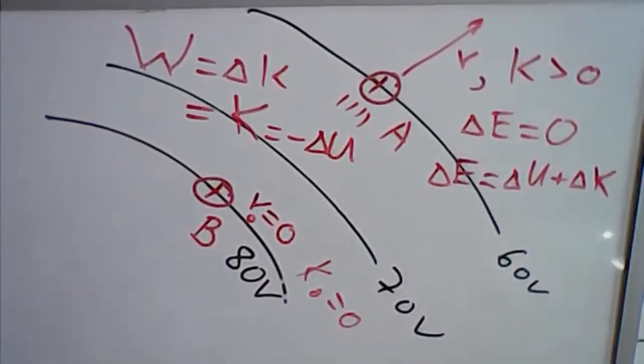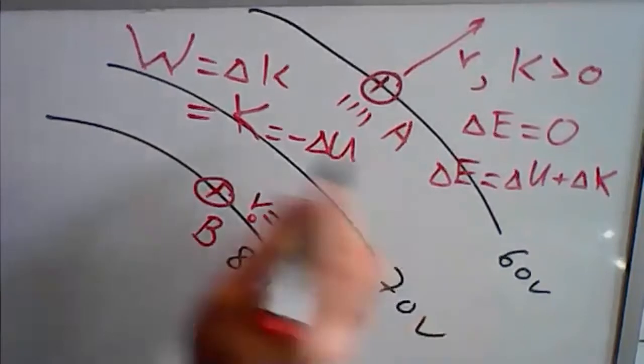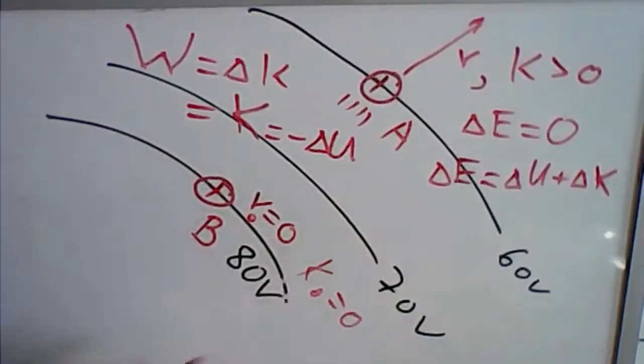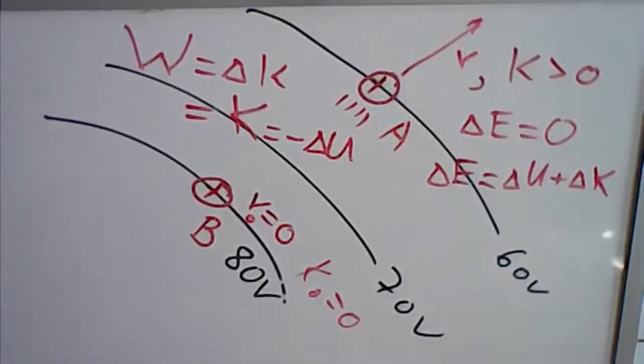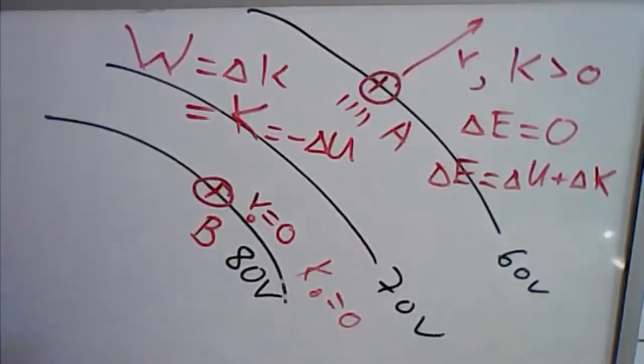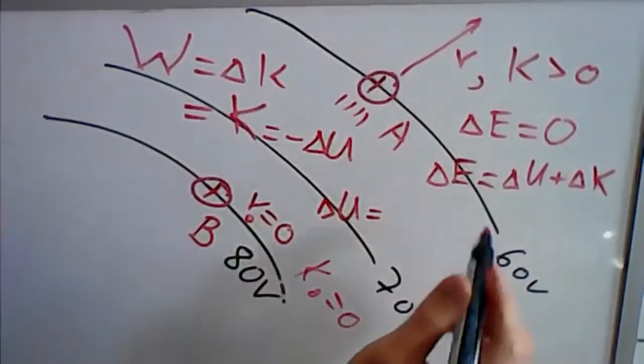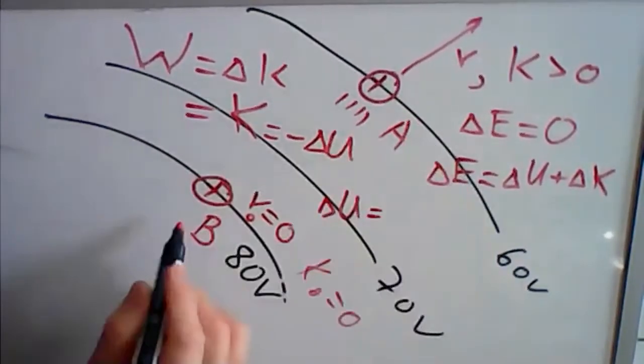They say, no, we want the answer symbolically. Okay, sorry. So we have to go from W is equal to minus delta U, which is what they're asking here. Yep, good. So potential energy change. Let's write this here. Delta U is equal to the final minus the initial.